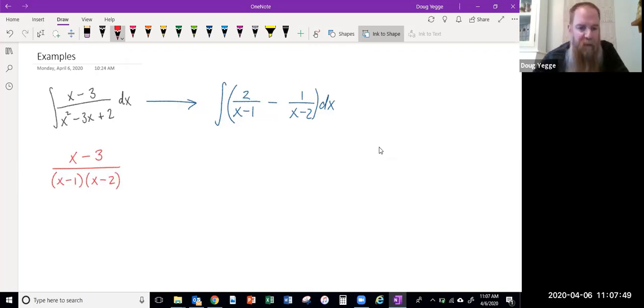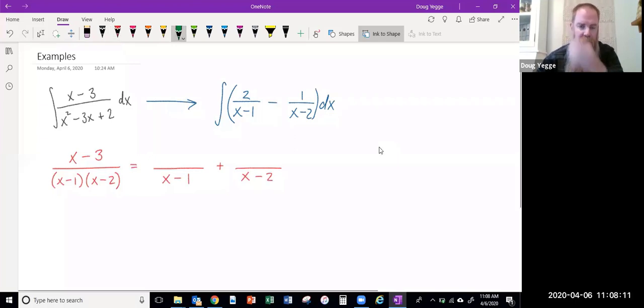Now, because I see these two distinct linear factors in the bottom, that must mean that this came from adding together two different fractions, one of which had a denominator of x minus 1, one of which had a denominator of x minus 2. The problem is, I don't know what the numerators were.